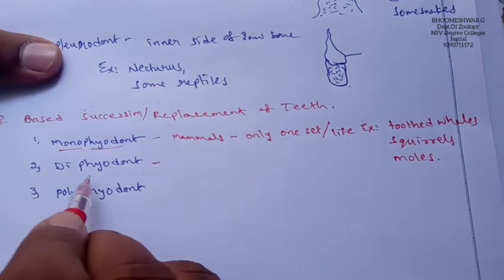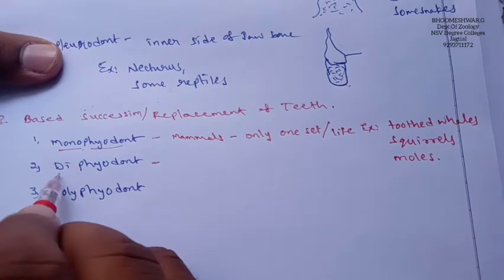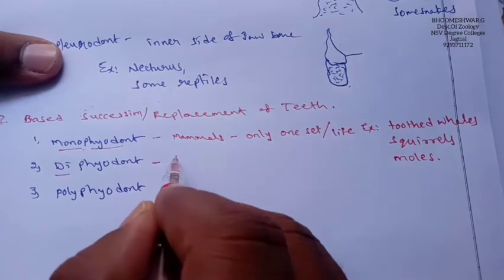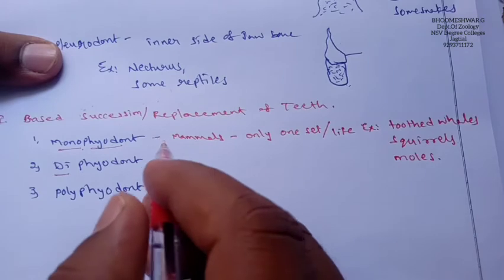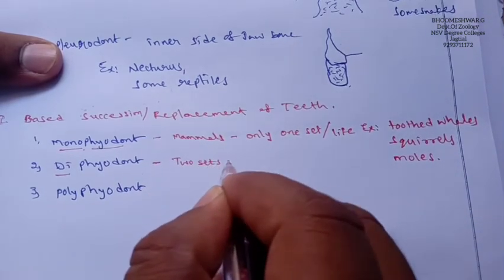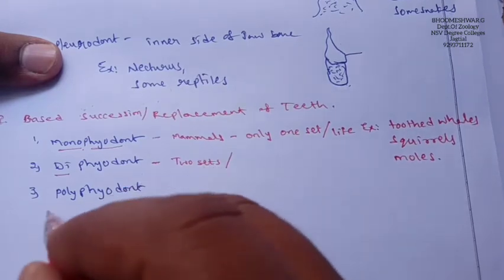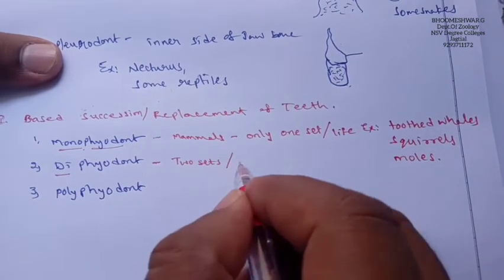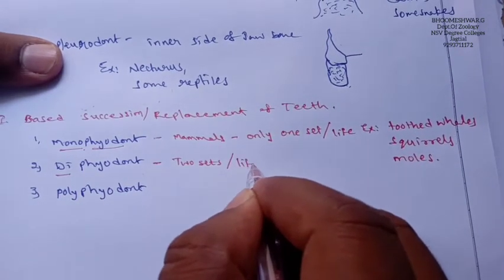And the second one is diphyodont. Di means two, so in most mammalians two sets of teeth are formed in their entire lifespan.